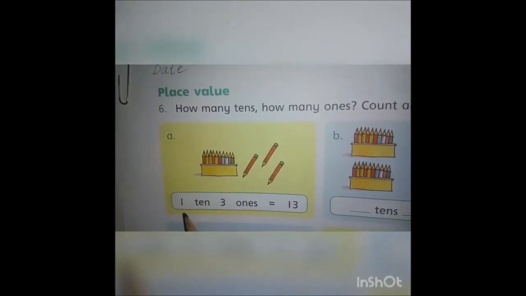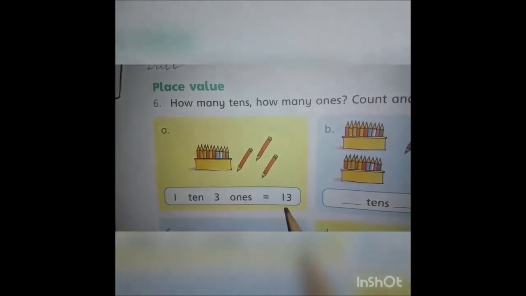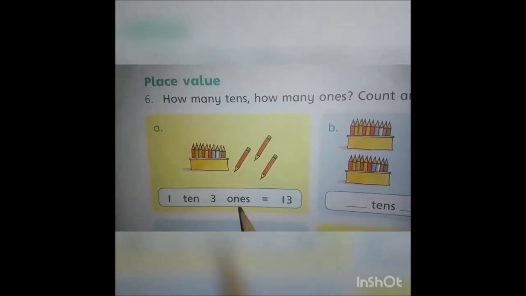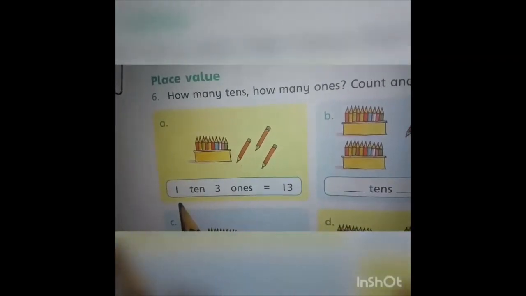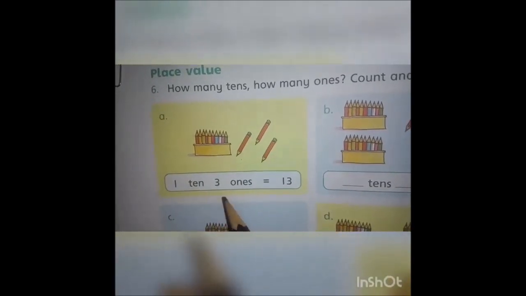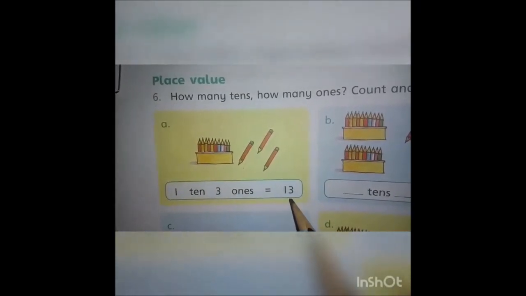Now children, read tens and ones together and write here. 1 ten and 3 ones, 13. Now children, I will repeat. 1 ten, 3 ones is equal to 13.